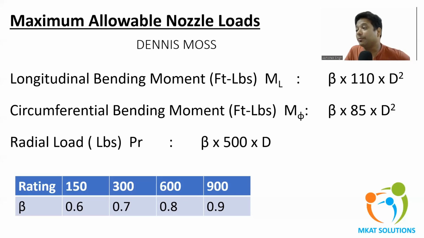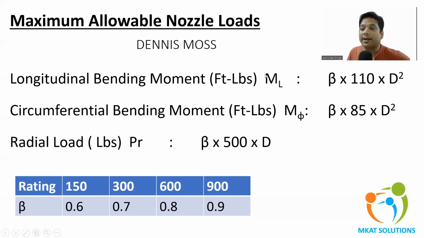The third point to remember is that for nozzles which are on formed heads, either elliptical, torispherical, or hemispherical, you have to calculate the resultant bending moment by adding these two values as a square root.